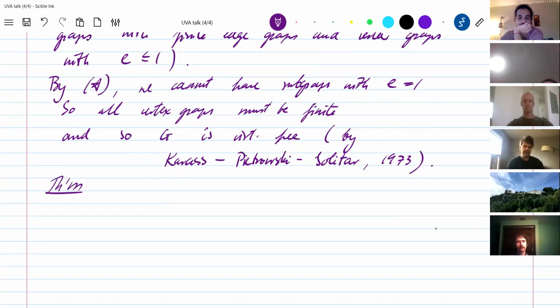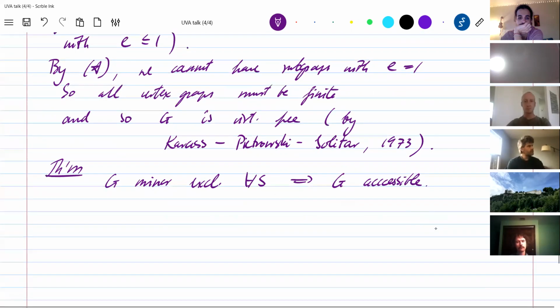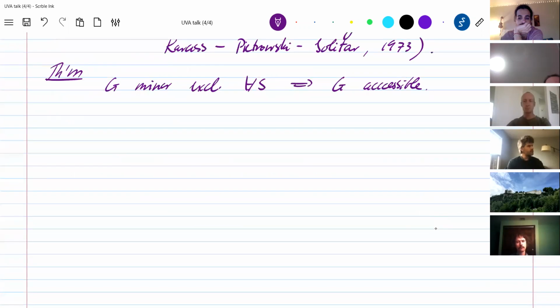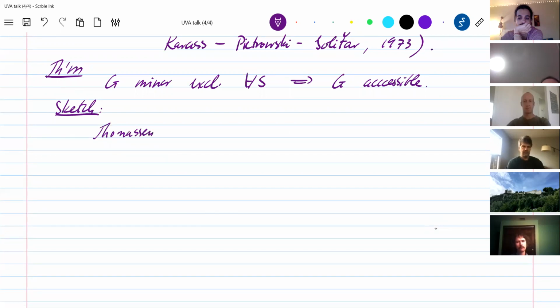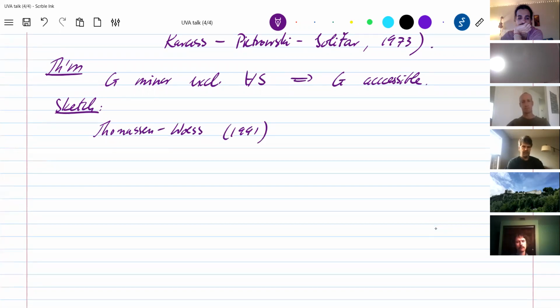Now we can actually show that minor exclusion with respect to any generating set actually implies that G is accessible. Let me give you a little sketch of that. This mainly relies on a very nice result of Thomassen and Woess from 1991, which gives a graph theoretic characterization of accessibility.